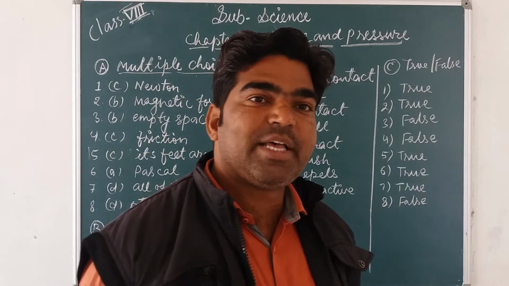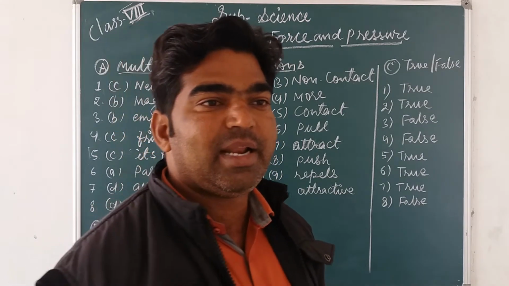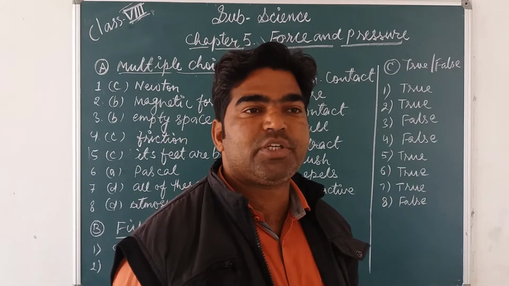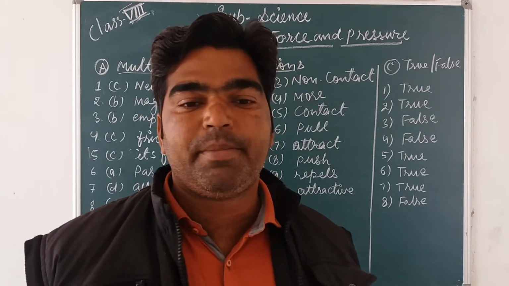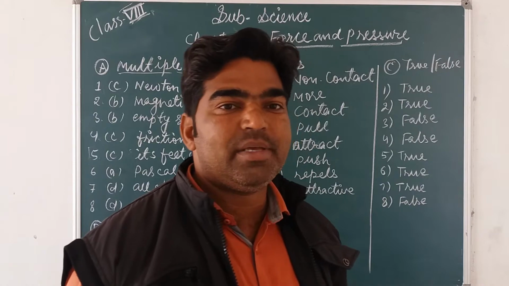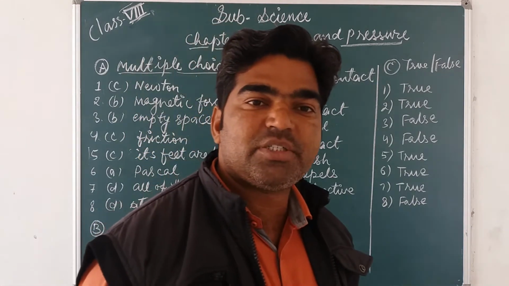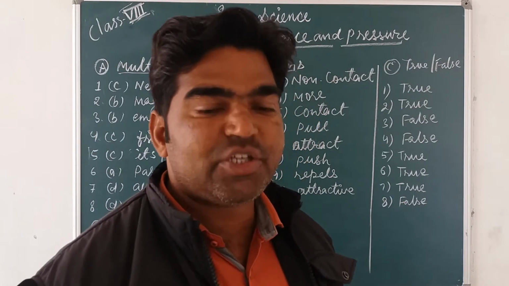Then we discussed pressure. In daily life we talk about blood pressure, the pressure built in the Bay of Bengal, Arabian Sea, Pacific Ocean or any sea, or the pressure built under a pressure cooker.